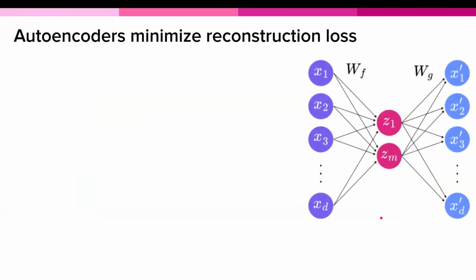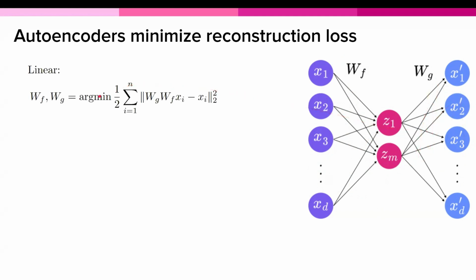And so in practice, the encoding and decoding functions are approximated using neural networks. In the simplest possible case, we could have a single hidden layer. So our d-dimensional input vector x is compressed into a latent representation z through the encoder weights wf, and then expanded back to x prime using decoder weights wg.